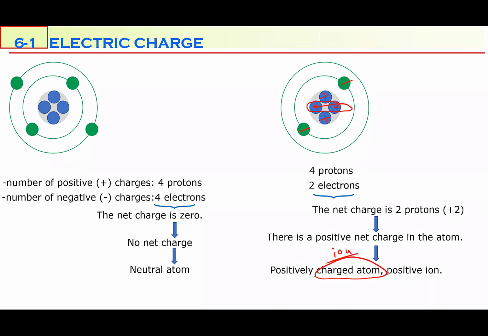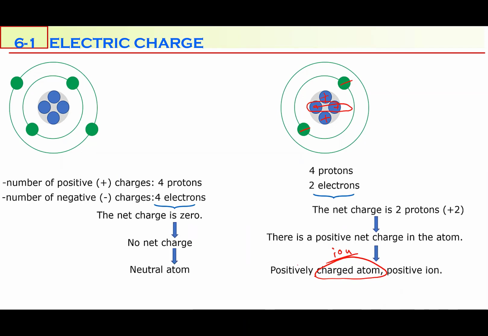Now, we classified the atoms according to their electrical properties. One of them is neutral atoms, which means they have equal number of protons and electrons. That's why electron and proton cancel the effect of one another. So net electric charge for the atom becomes 0, which is called a neutral atom, no net charge.